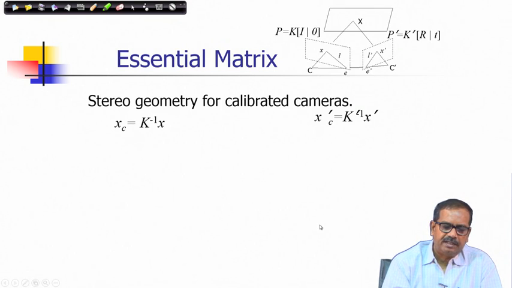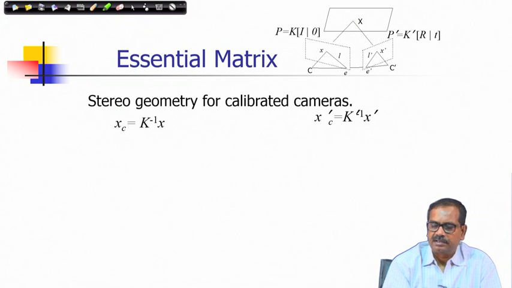This is how in the canonical form the coordinates can be converted, just by multiplying with the inverse of the calibration matrix. You see that in the first camera x is converted to x_c, which is the coordinate in the canonical setup of the pinhole camera.